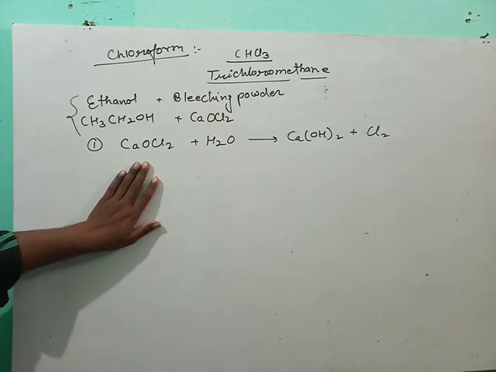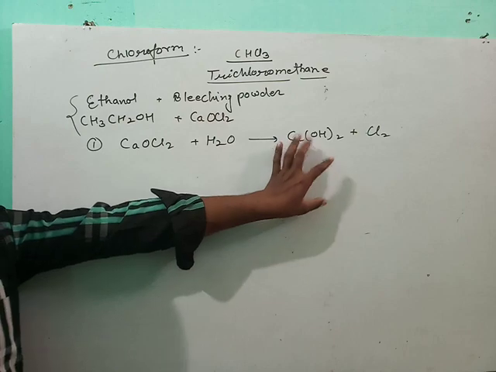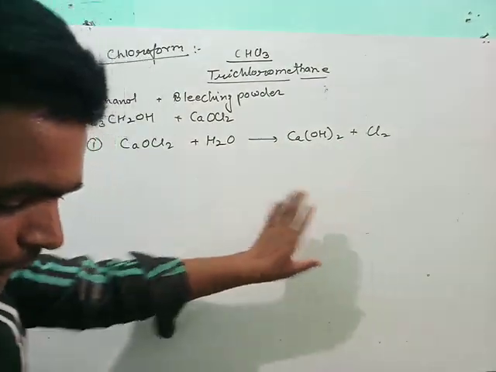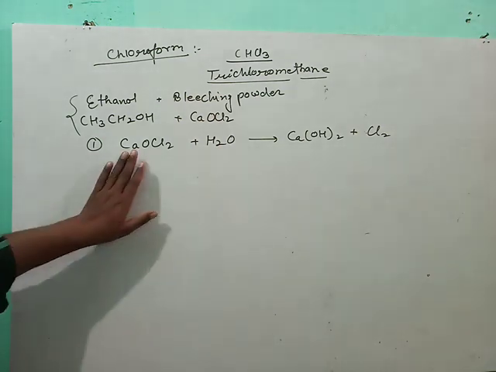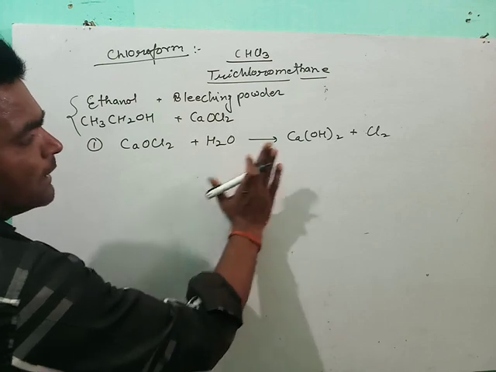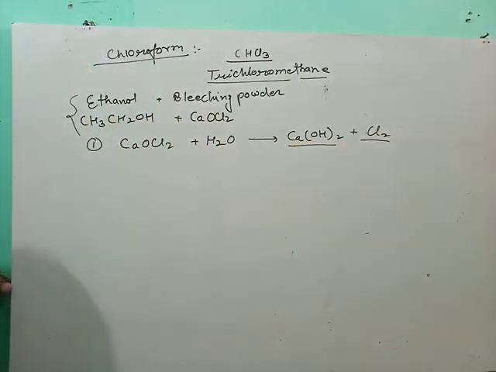When bleaching powder reacts with water, it forms calcium hydroxide and removal of chlorine takes place.